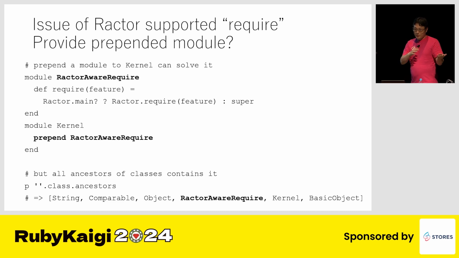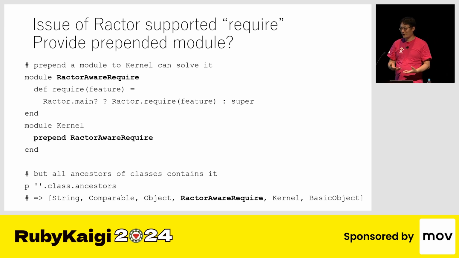However, another problem is that the ancestor tree always contains this Ractor-aware module. So I'm not sure whether it will be accepted or not. But I can introduce some ideas just now, so we can discuss how to merge it after that.